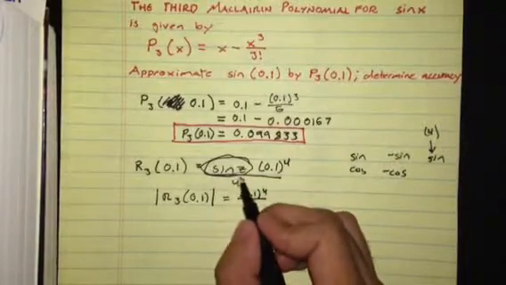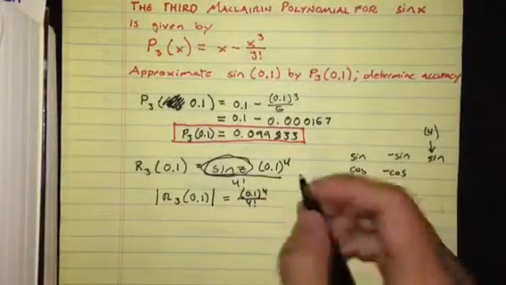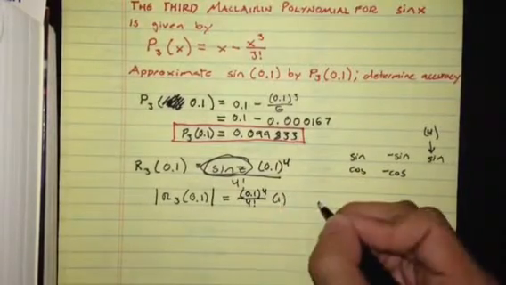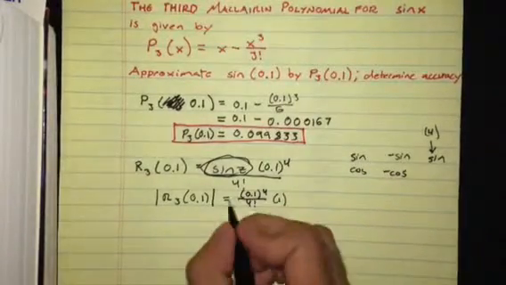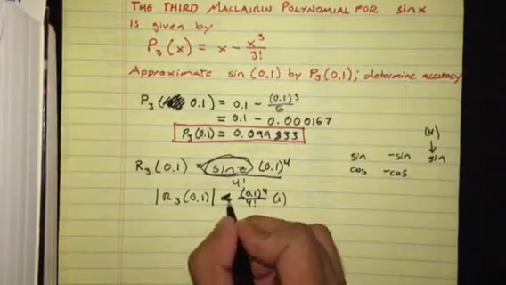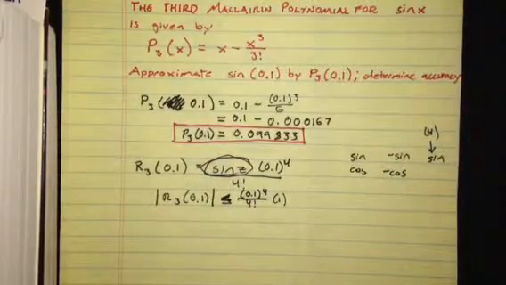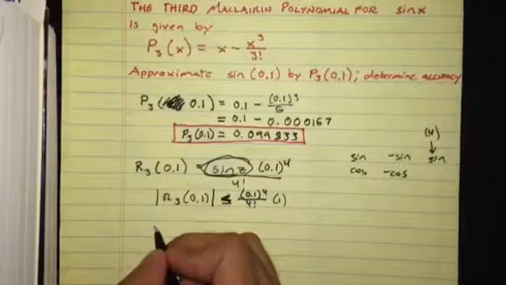And remember that we have to have the maximum value of sine z, which in this case is just 1, so perfect. Oh, I'm sorry, it's less than or equal to this, and this is how we're going to find the bounds.